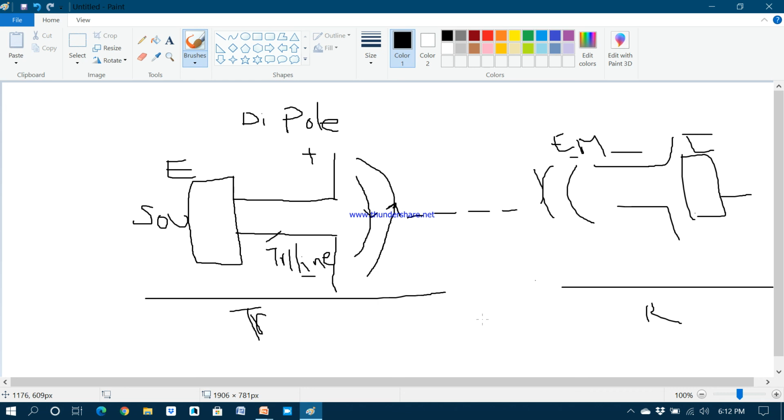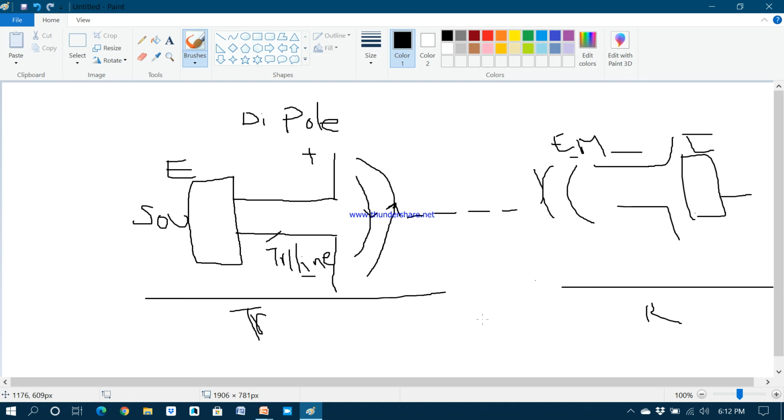Again, how can we define it another way? An antenna is a transducer which converts radio frequency electrical current into electromagnetic waves. Here the antenna acts as a coupling device between a generator, transmitter and free space.